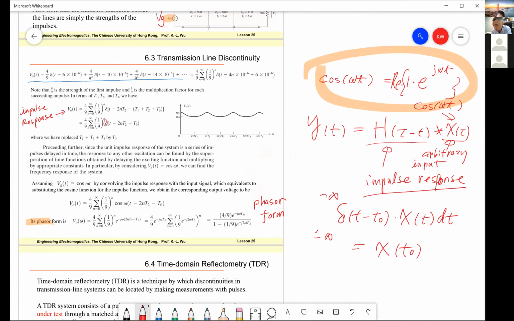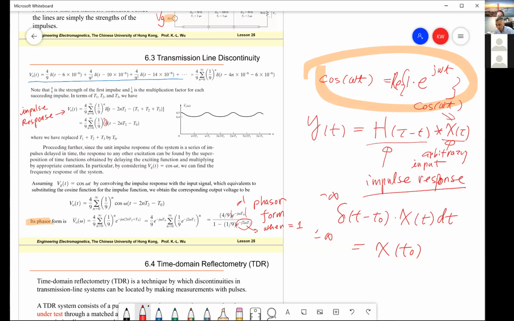Anyway, if you look at this phasor term, you can have a certain phase. When this equals 1, you see, because this magnitude equals 1, we don't need to worry. When this equals 1, you reach the largest value.